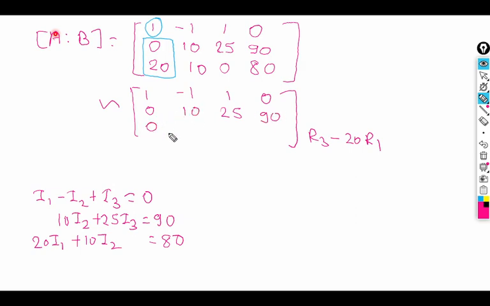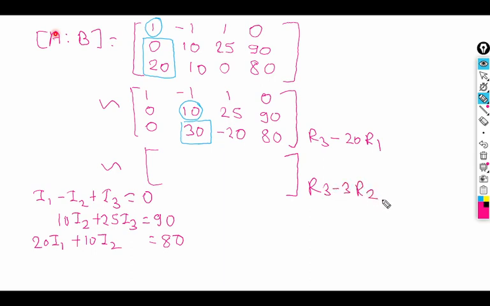Now R3 minus 20 R1: this is 10 plus 20, it's 30, 0 minus 20, and here 80 as it is, no change. That's one. Now we focus on column 2. With the help of A22, we'll make the zeros below it. That's the row echelon form. Again, a very simple transformation is required here, and the transformation is R3 minus 3 times R2.